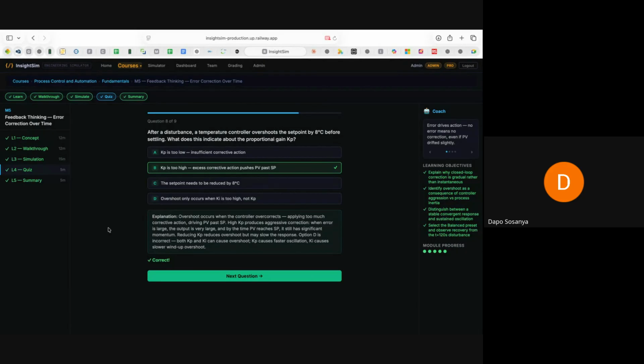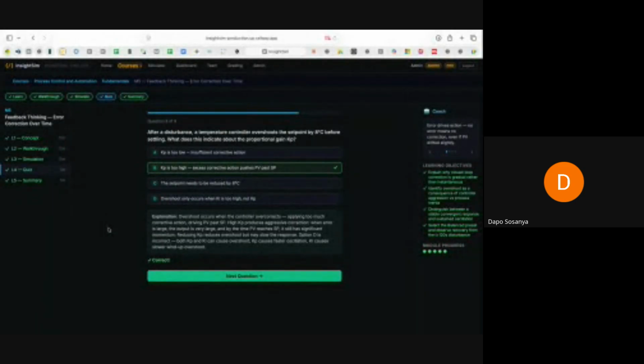For every x, there is a corresponding y, over the range of that graph. Now, in the study, we realize that if you use proportional only, you always have what we call a sustained offset.